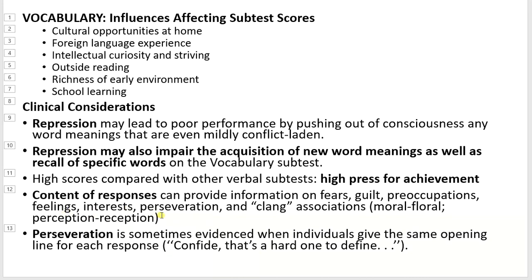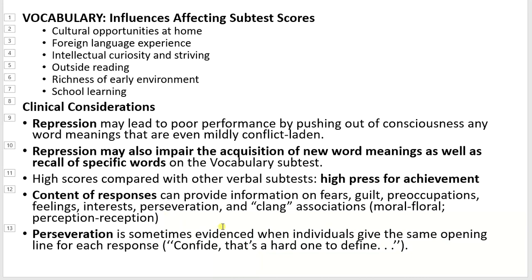Though the individual failed, he is having 0 score, we can look at the content of the definitions, the response given, whether there are some indications of fears, guilt, preoccupations, some feelings, some interest, perseveration, or clang associations, meaning rhyming, similar associations like moral, floral, perception, reception. Whether such responses are present or not, they may provide some clue towards presence of certain types of psychopathology.